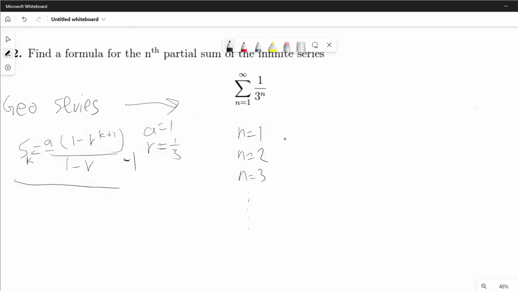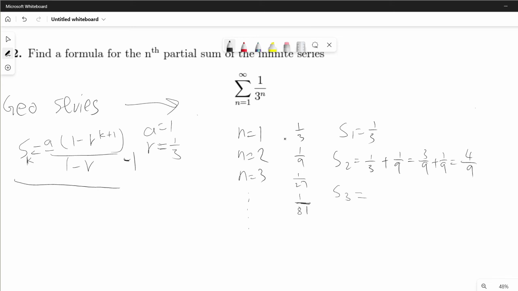So then the numbers would be 1/3, 1/9, 1/27, 1/81, and then the partial sum, let's say S1 would be 1/3, S2 will be 1/3 plus 1/9, which in this case would be, that should be a 9, I was thinking about the answer, 4/9, right?